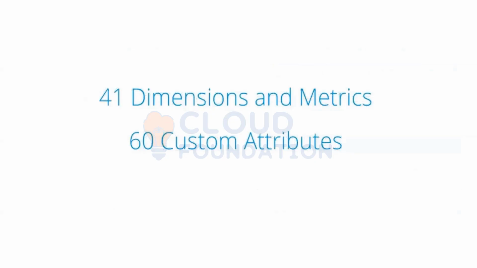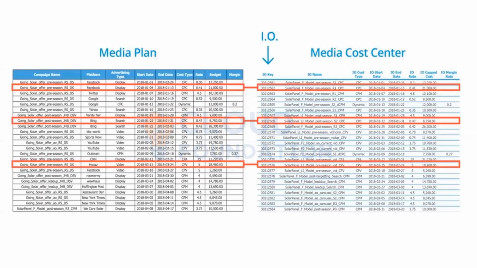So it can have 41 dimensions and metrics and 60 custom attributes attached to a single key, which comes as an advantage, because you can compare that many dimensions and metrics in your media planning. If present, it's never that they all have to be present, but this is the maximum limit.